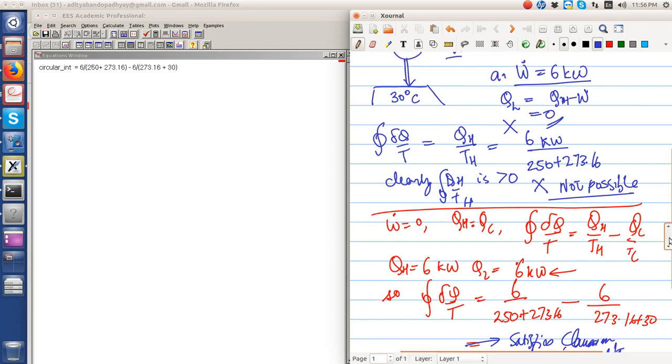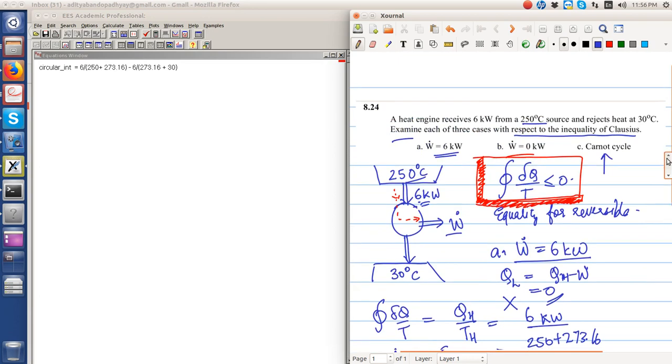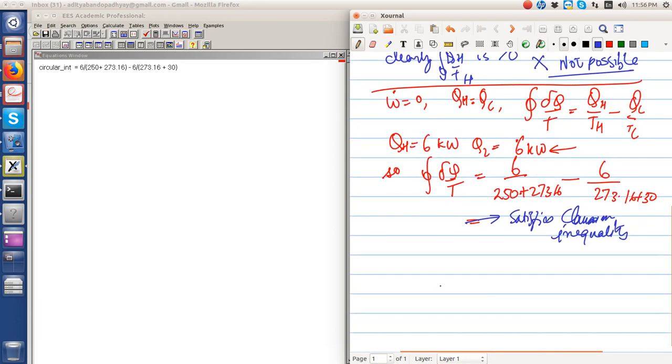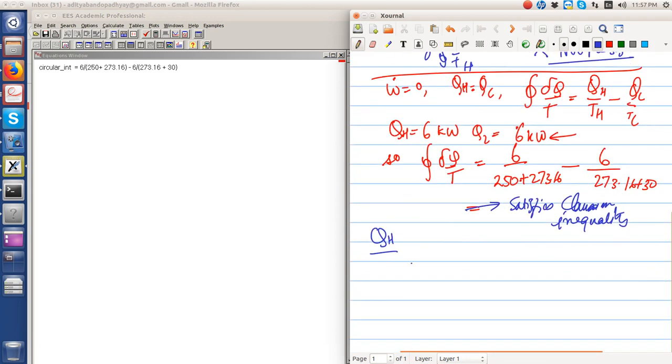The last case, we have to examine the case when it is a Carnot cycle. I guess that's the easiest one. So QH by W is equal to TH by TH minus TL, which is 273.16 plus 250 divided by 250 minus 30.